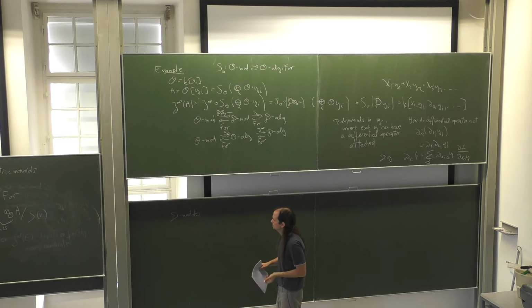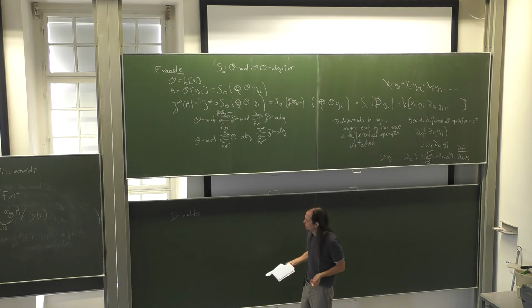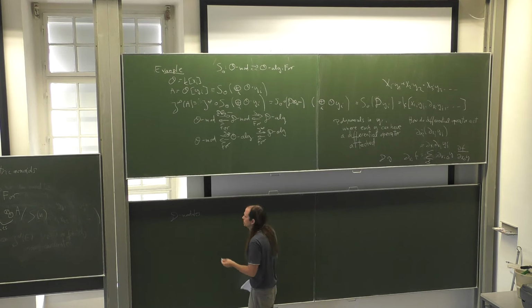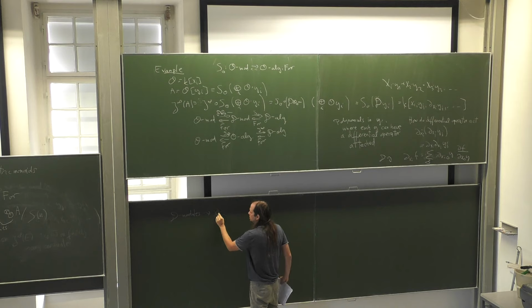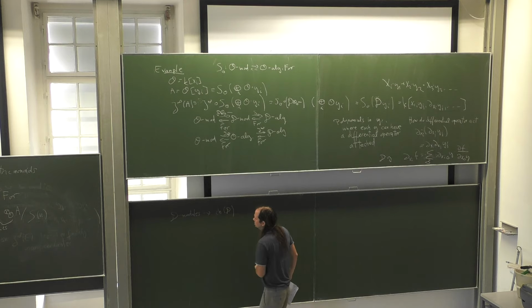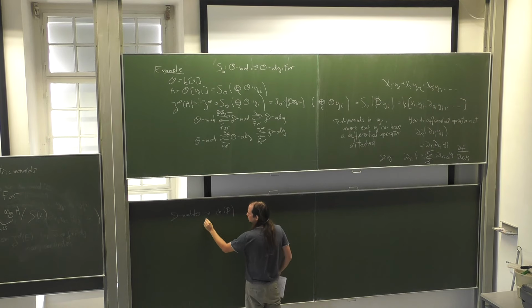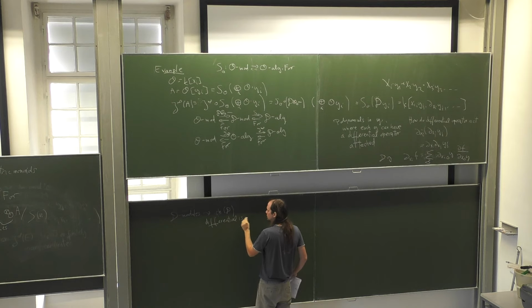As a category of modules over any ring, you can construct chain complexes, or chain complexes of D modules. The differential will be D linear.